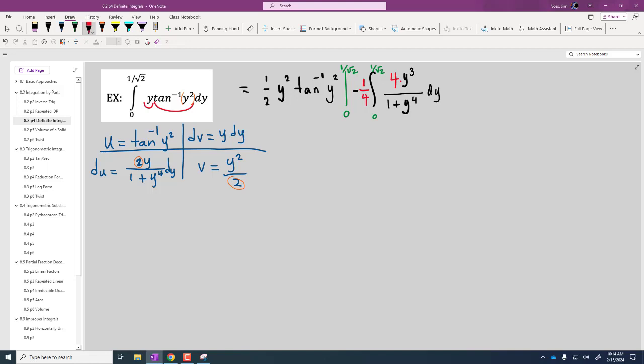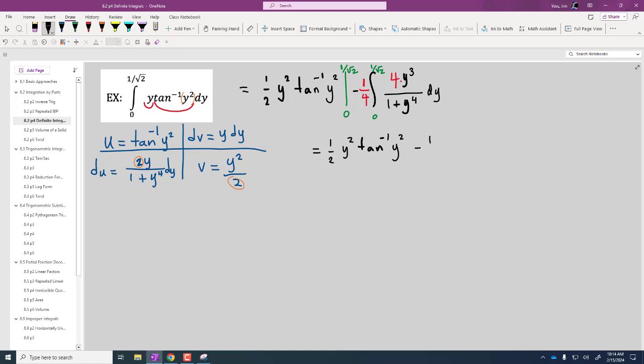The denominator's derivative is 4y cubed. We have a 4y cubed up in the top, so that we can integrate immediately. We do not want to evaluate this yet. We're going to evaluate all at once together because the limits of integration are going to be the same for both antiderivatives.